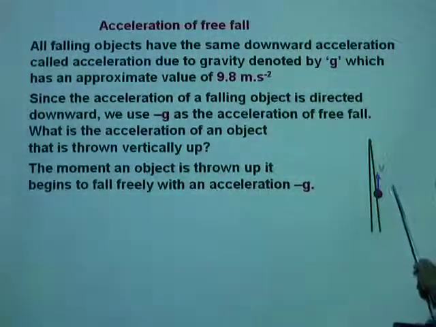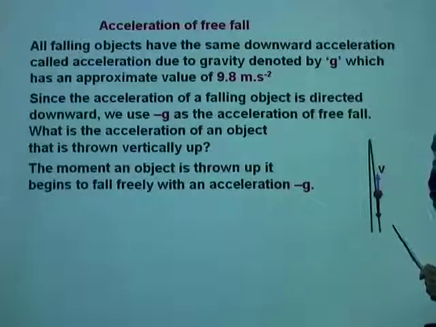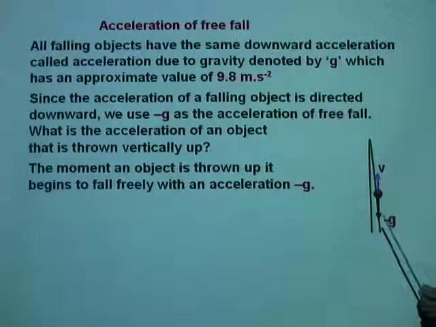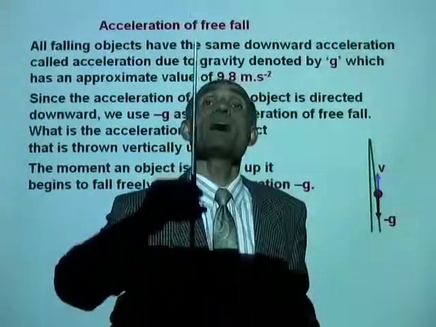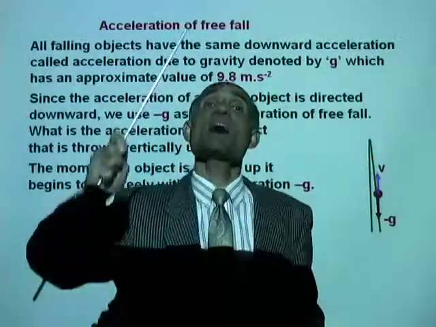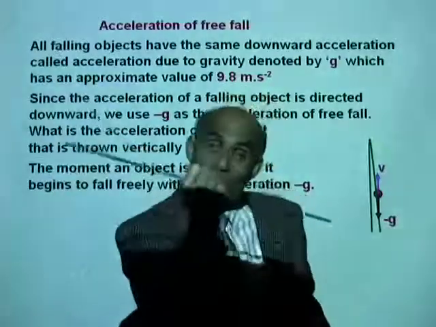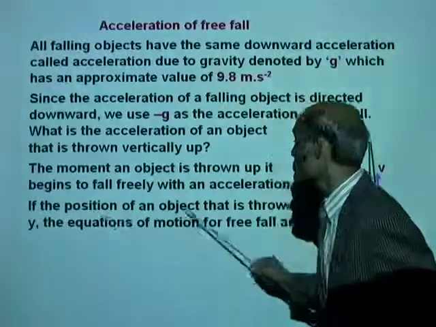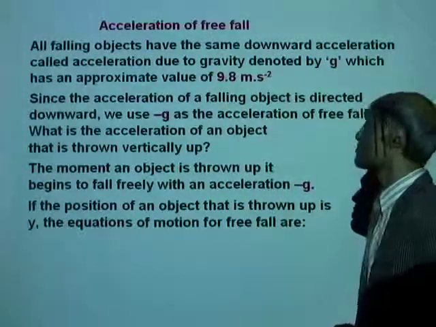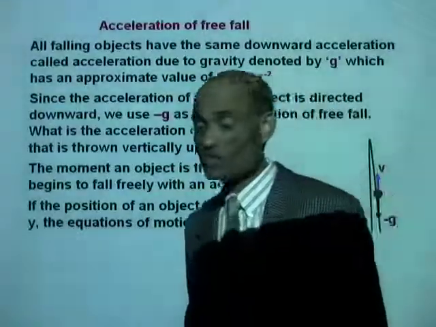That's right. Its velocity while going up is positive, its acceleration is negative. So you must look at that. When you throw an object up, while going up, its velocity is upward and its acceleration is downward because it is being pulled by the earth. So if the position of an object that is thrown up is y, the equations of motion.